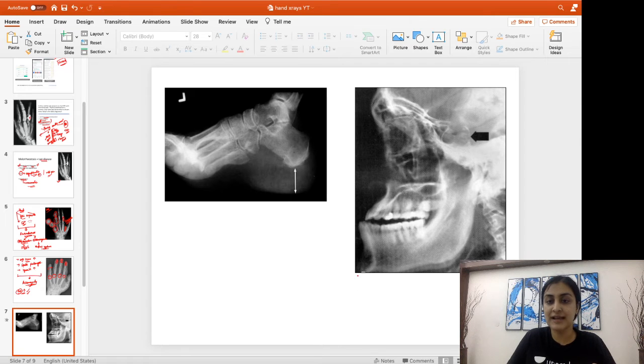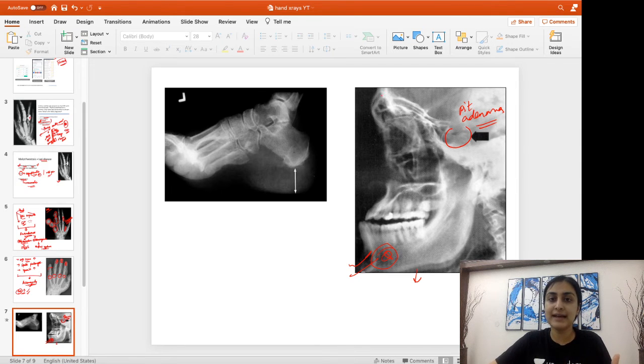So the other features, guys, again the skull appearance will be very, very striking. What are the things I have to look for in the skull X-ray? First of all, we will see that the sella is widened, increased in size. You see this ballooning of the sella, which is again because of the pituitary adenoma that is producing the GH in the first place. So first feature, the sella is widened.